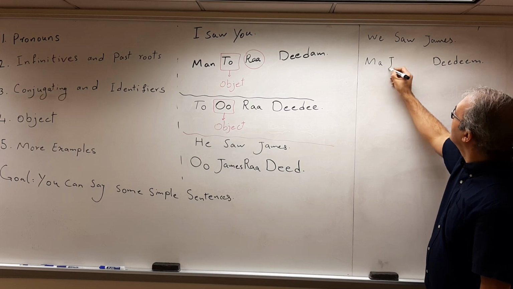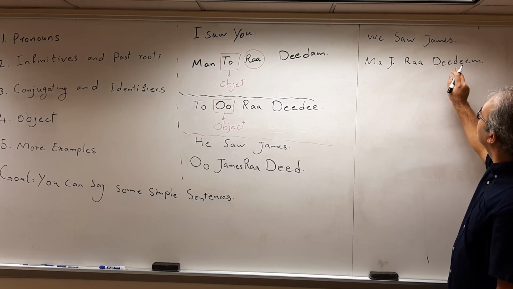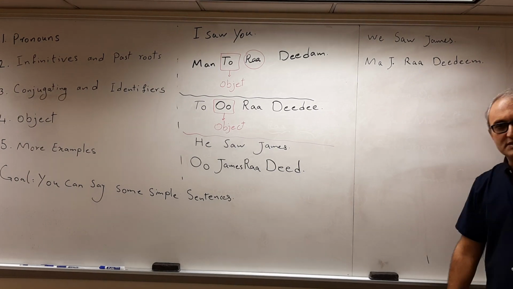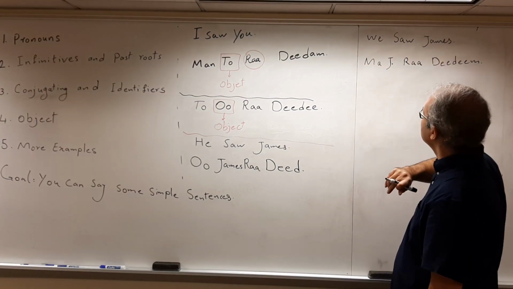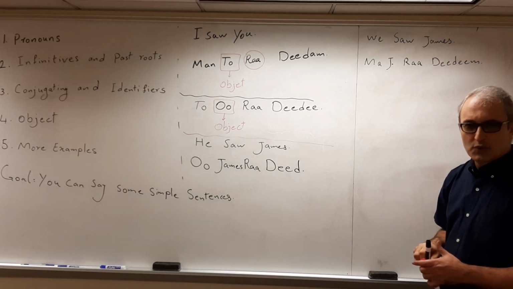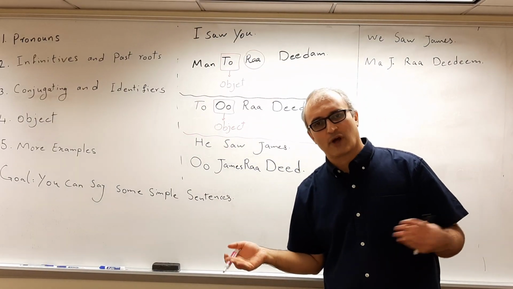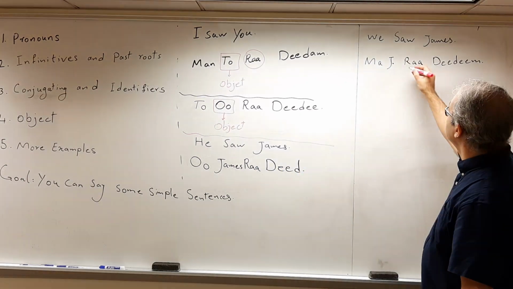Ma James ra didim. Ma James ra didim means that we saw James. In English, we don't have an identifier or sign for the object, but in Farsi we have, and we have to use that. Ra.